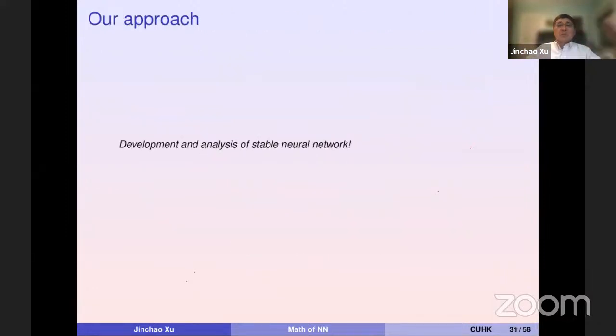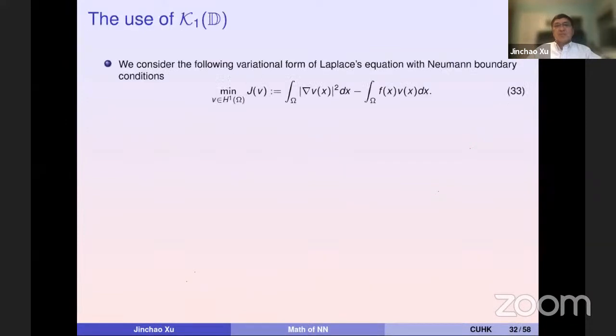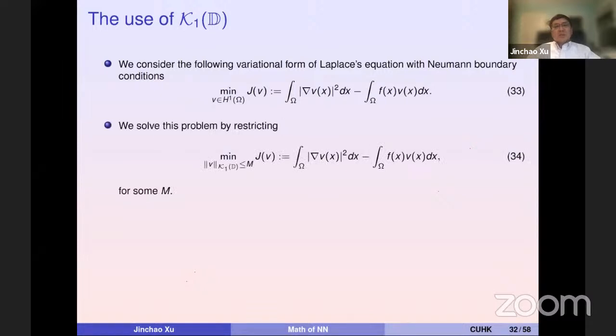So then we have to do something different. In this case, we're using a stable neural network. This is the K1D space which I had before. If you use this kind of framework, then you can do some analysis. Again, you minimize these things. Now, basically, you want to say my PDE solution has to be in the K1D norm.